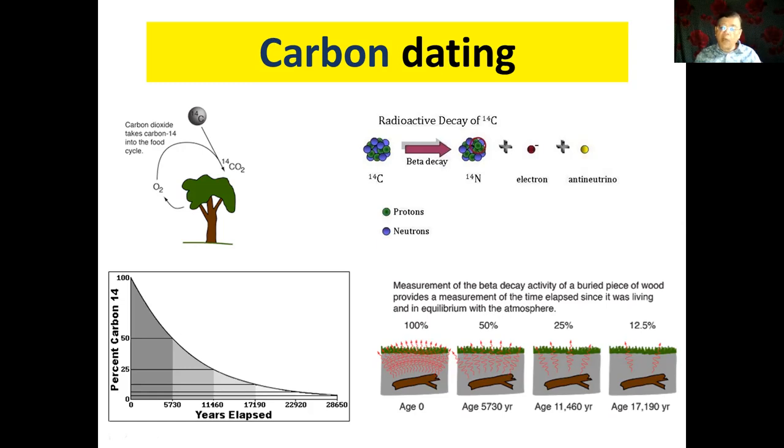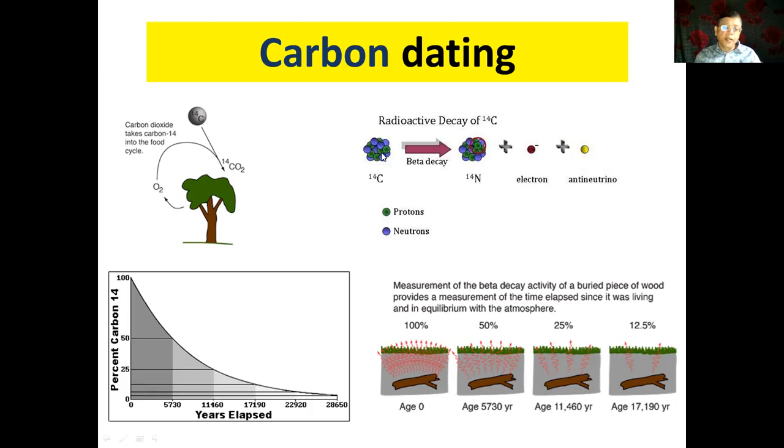There is C12, which is the bulk of the carbon, about 99%. Then there is the isotope C14, which has the same number of protons but two more neutrons.